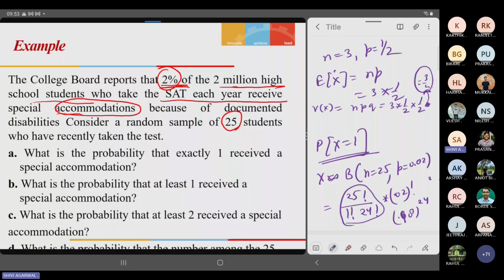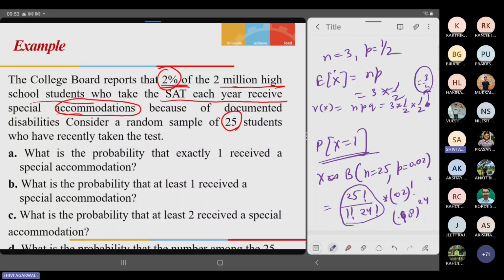X is the number of successes out of n Bernoulli trials, either success or failure: received the accommodation or not received it. Second, the probability of success is the same for all, and they are independent of each other. It doesn't mean that if I give it to the first student, I will also give it to the second student. They are randomly given. They are independent of each other.